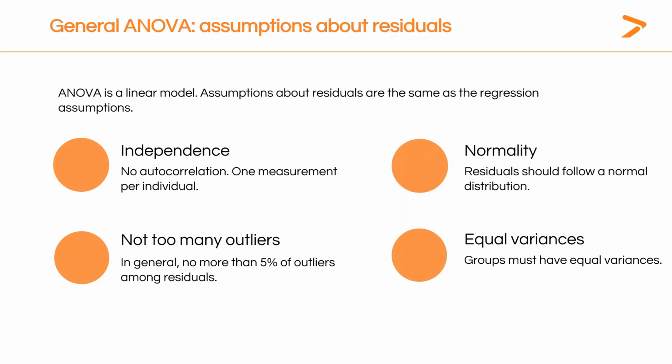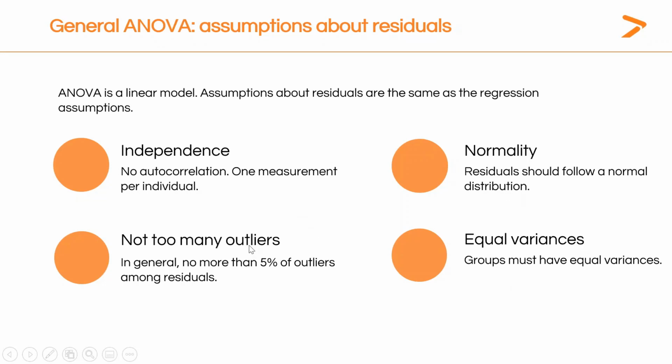No link between two specific observations. We will see this a little bit later. The residuals should follow a normal distribution. There shouldn't be too many outliers, too many data points that are too far away from the bulk of the data. And the groups must have equal variances.